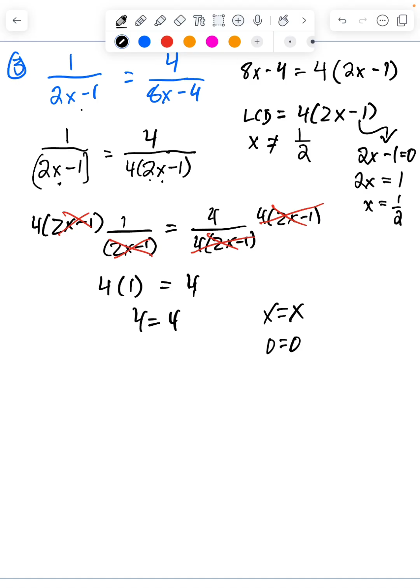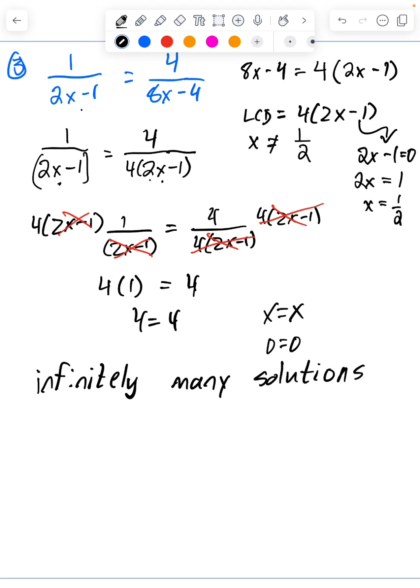That means when you have the same number on both sides equal to each other, there are infinitely many solutions. All numbers will work. So for this problem, there are infinitely many solutions.